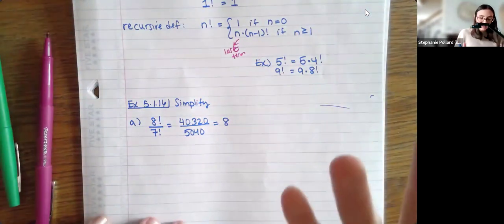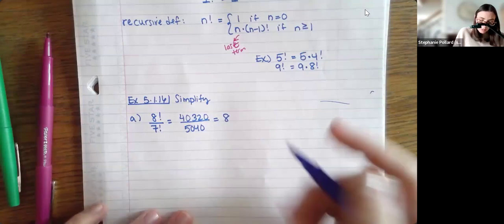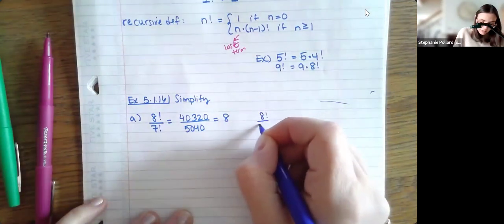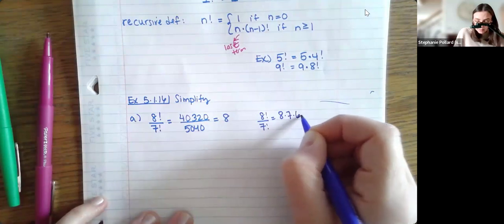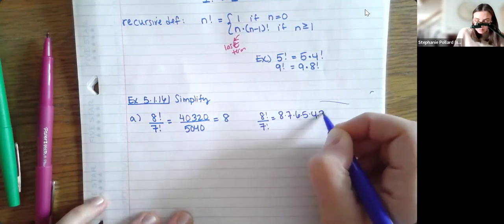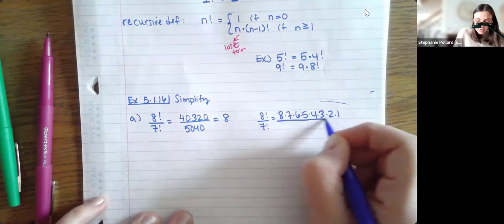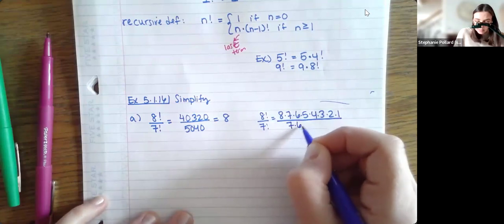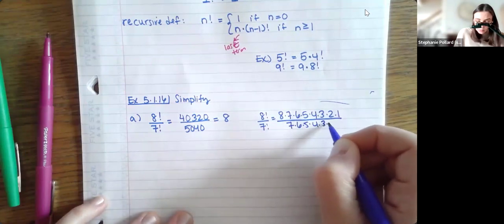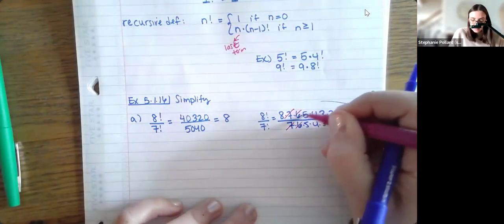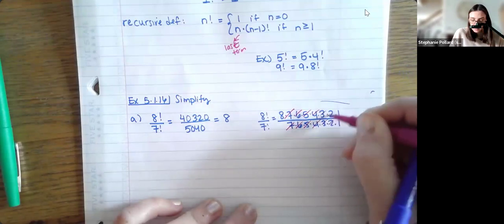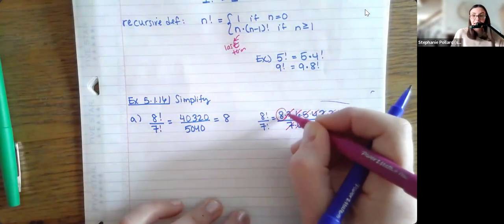The other way to do it is to think of it more manually. So for instance, 8 factorial over 7 factorial is the same thing as 8 times 7 times 6 times 5 times 4 times 3 times 2 times 1, and then 7 factorial is 7 times 6, 5, 4, 3, 2, 1. What happens here is everything cancels in pairs pretty nicely with factorials. For this particular case, you only have the 8 left.